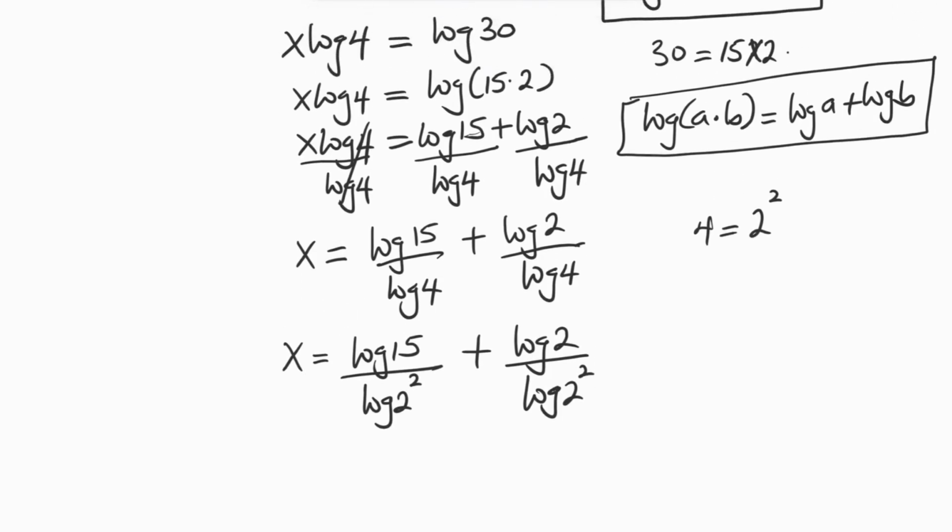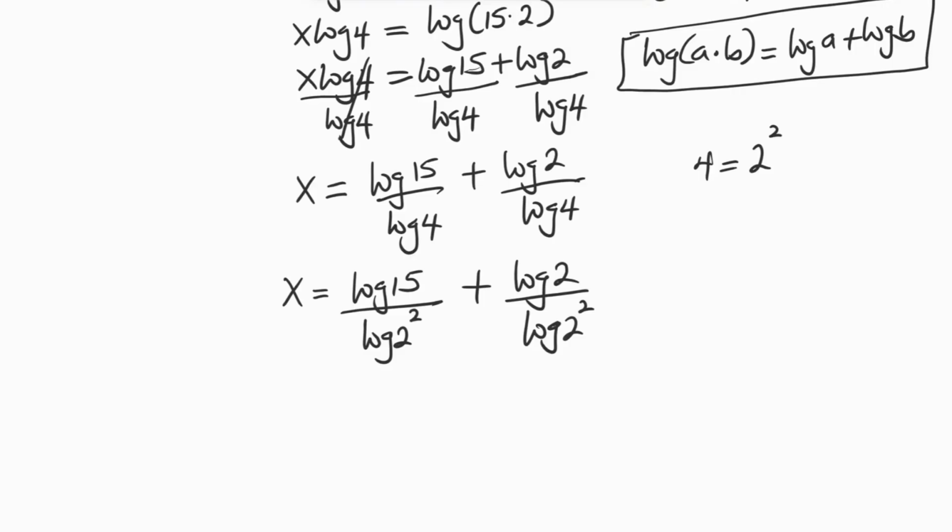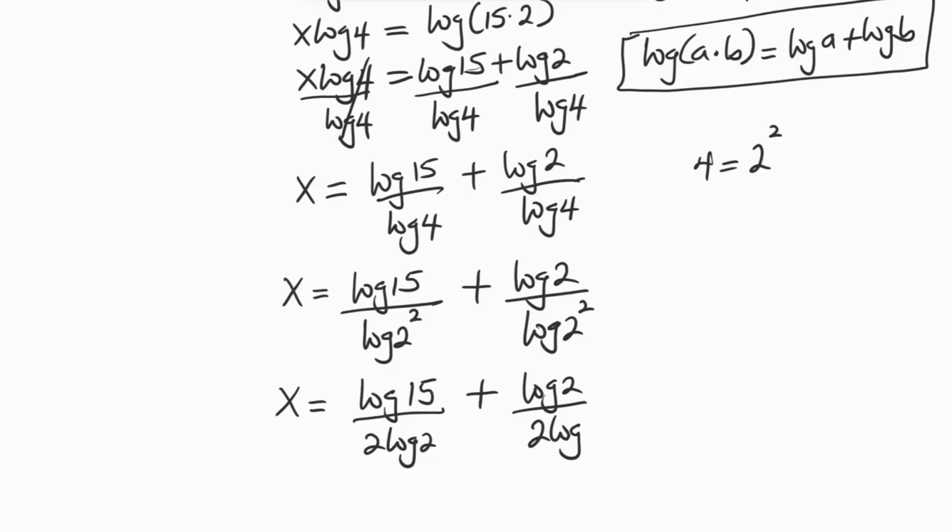So using this formula 1, we have log 15 divided by 2 log 2 plus log 2 divided by 2 log 2.